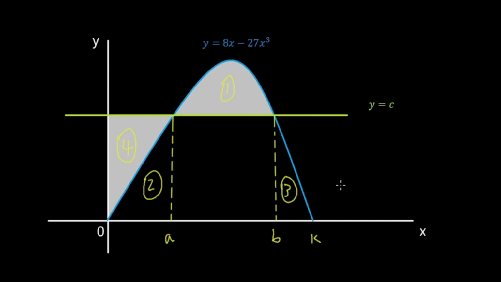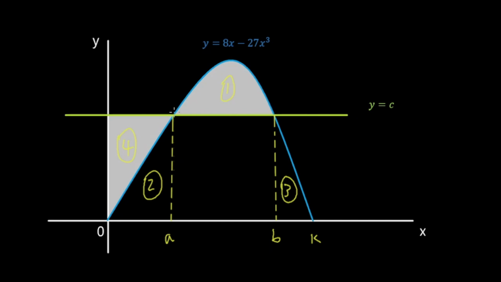Before we do that, we can see another useful piece of information here. This is the value of C. The y value is C at this intersection and this intersection.